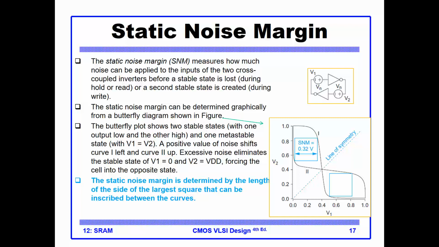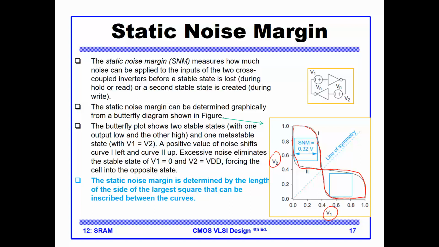And what we do to start with, we try to plot the transfer characteristic curve, and basically I'm plotting here V2 versus V1, and we are familiar with this curve because it's an inverter, and because V2 is an inversion of V1, and V1 is an inversion of V2, we end up with this type of curve.